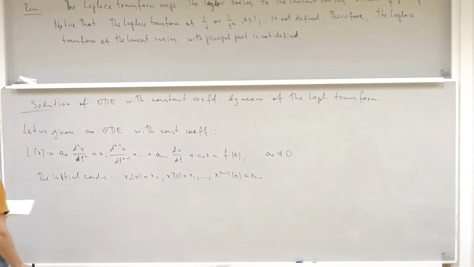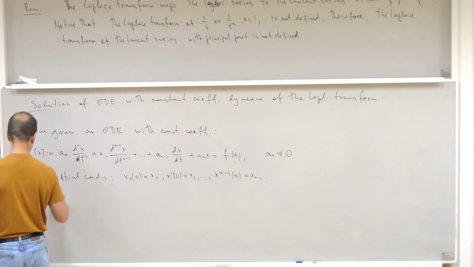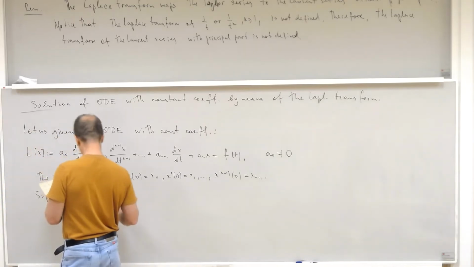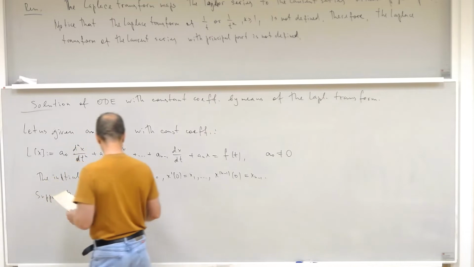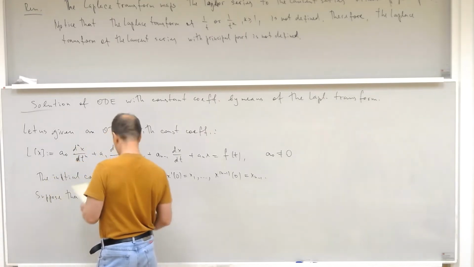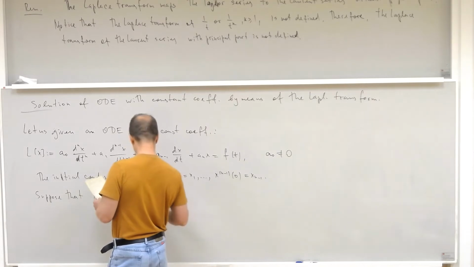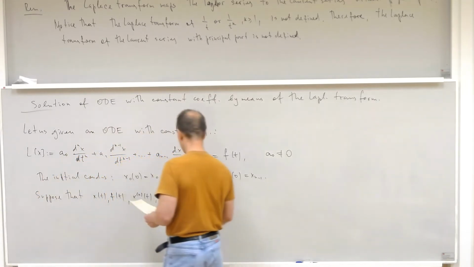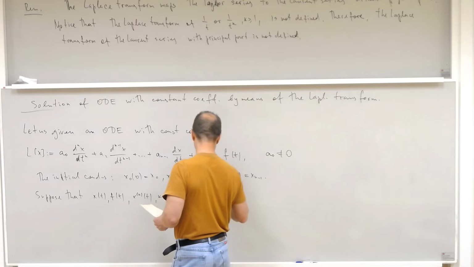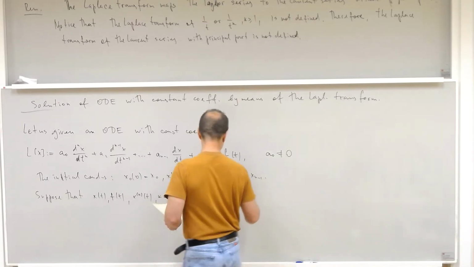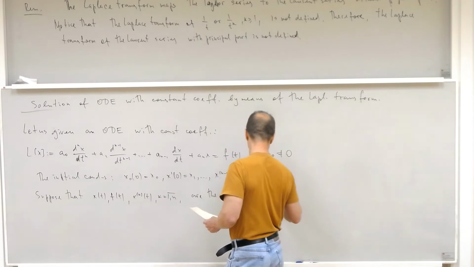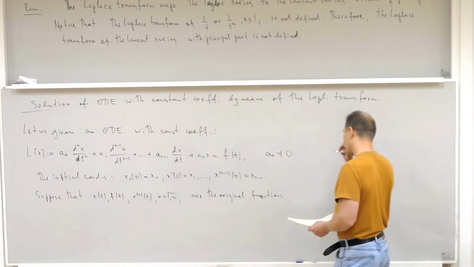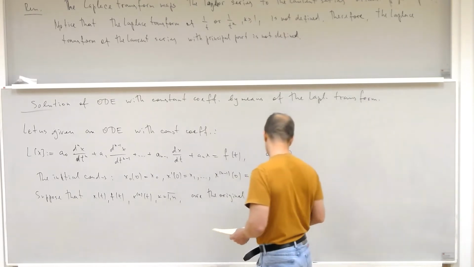We also assume that the function x of t, f of t, and the derivatives of x of t, which enter into this equation, are original functions. They meet the conditions 1, 2, 3, which were given at the beginning of the previous lecture.